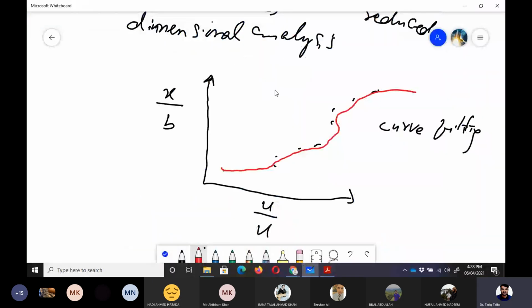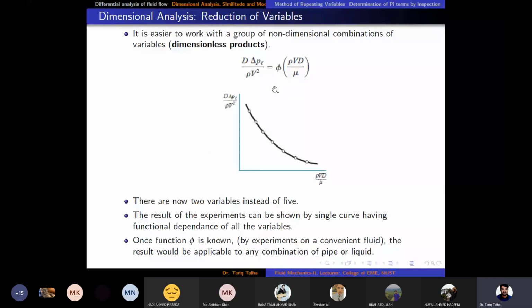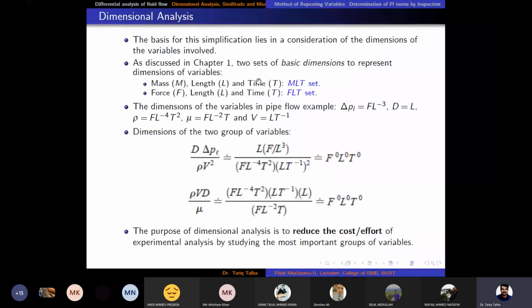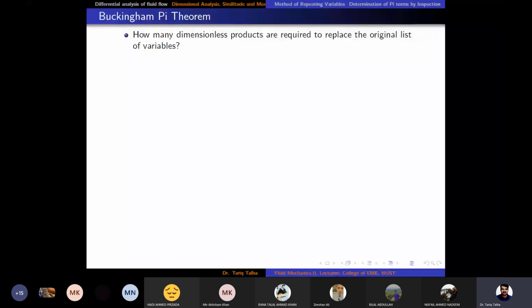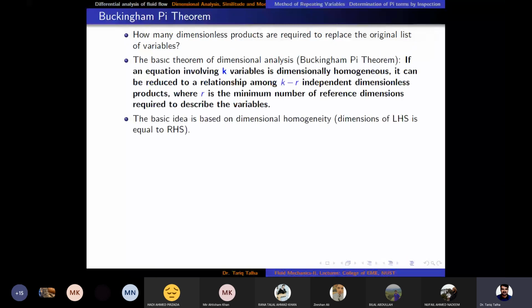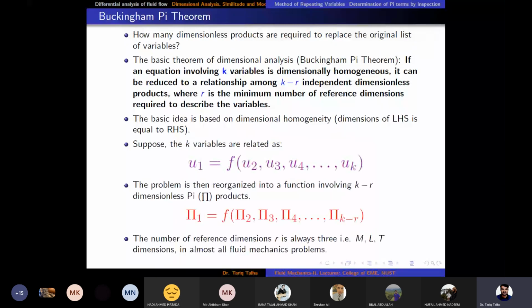Okay, maybe we would discuss that in the next class. So these are called dimensionless products, or pi terms. So how to do it? There are certain theorems, the Buckingham pi theorem, or the method of repeating variables. All of these we are going to study in Friday's class.